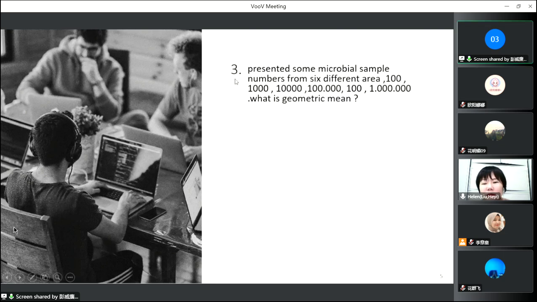And number 3 presented some microbial sample numbers from 6 different areas: 100, 1000, 10,000, 100,000, and 1 million. What is the geometric mean?